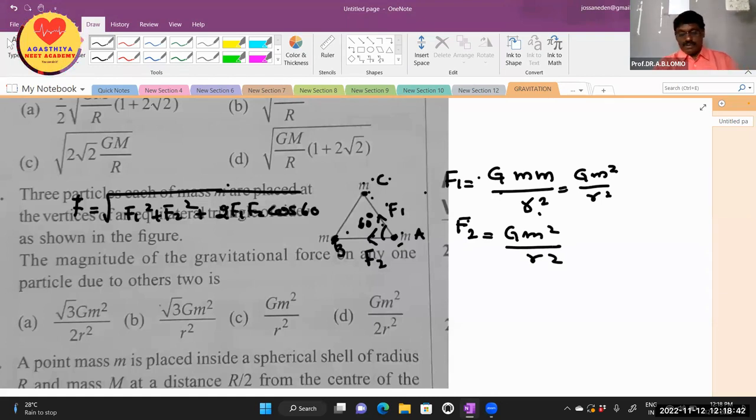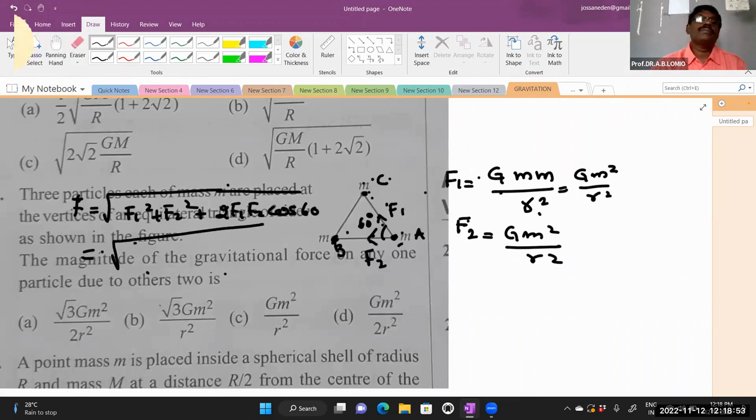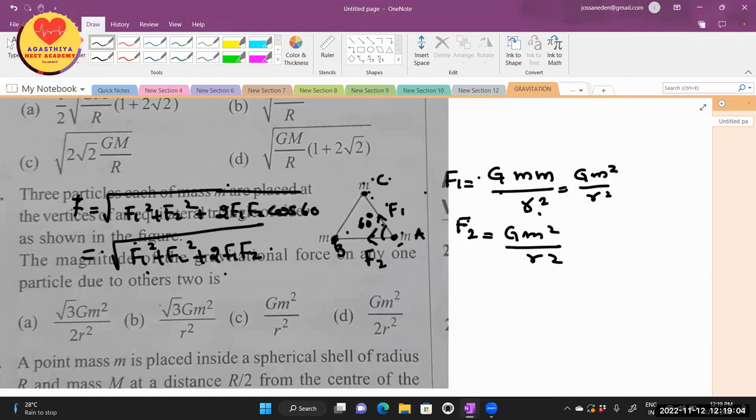Let's substitute over here. F1 and F2 are the same. F1 squared, F2 squared, and what is the value of cos 60? 1 by 2.